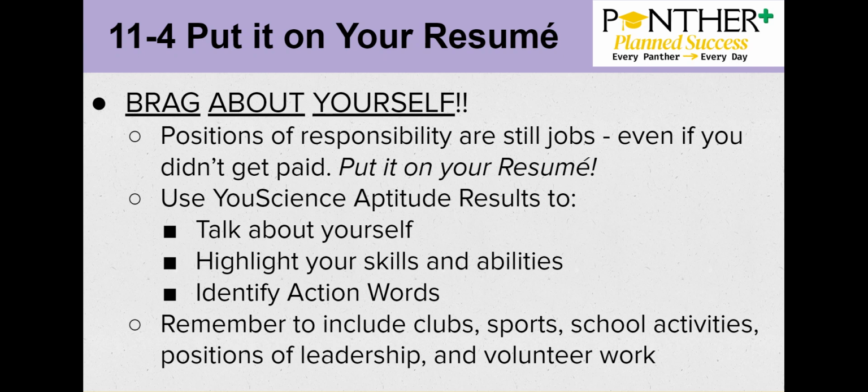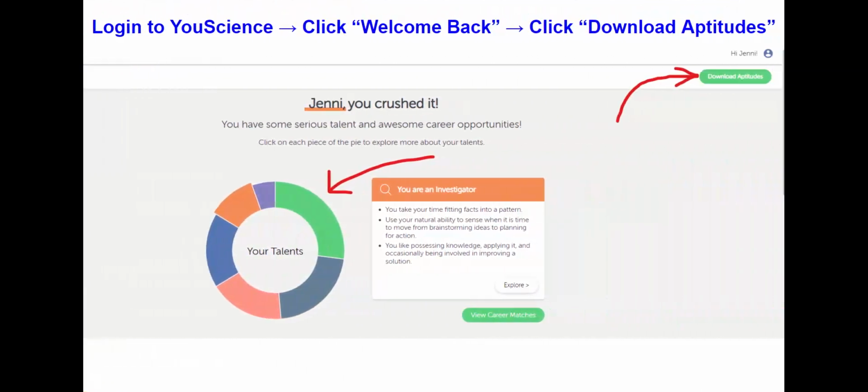Use it to highlight your skills and abilities, and it can help identify action words that you can use to show movement and ability in your resume. And then I mentioned make sure you remember to include any clubs, sports, schools, activities, positions of leadership, any volunteer work. Were you a VBS leader at your church over the summer?